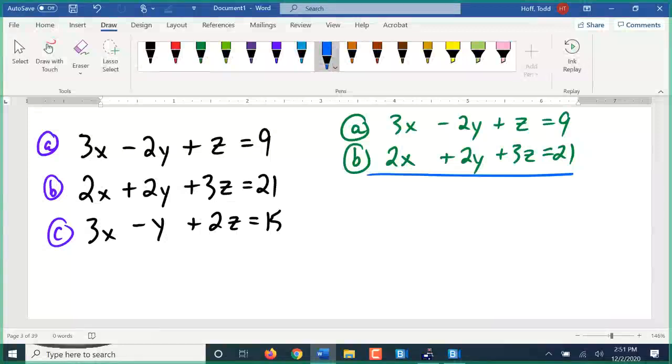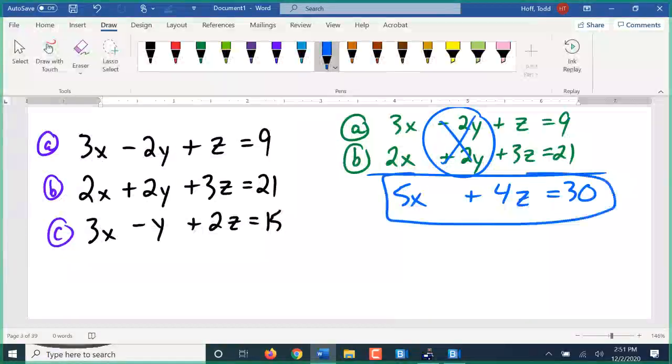It's going to be eliminated. So we'll add: 3x plus 2x is 5x. Negative 2y plus 2y is 0y. It's gone. Z plus 3z is 4z. Equals 9 plus 21 is 30. So there is the first. That's A plus B. That is the first of my two variable equations.